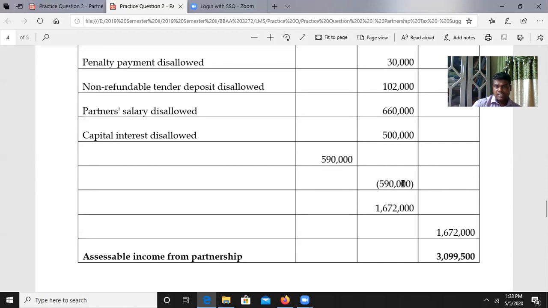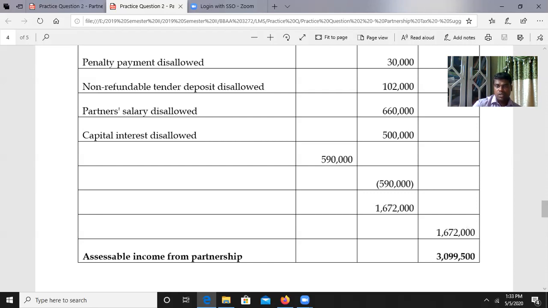After deduction of 590,000, the plus column remaining balance is 1,672,000. That 1,672,000 should be added with the accounting profit.